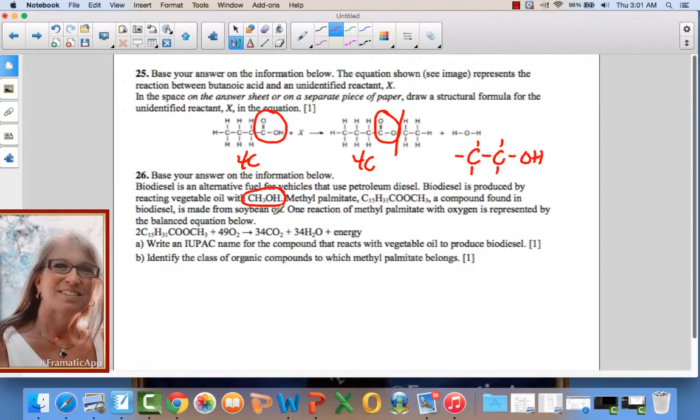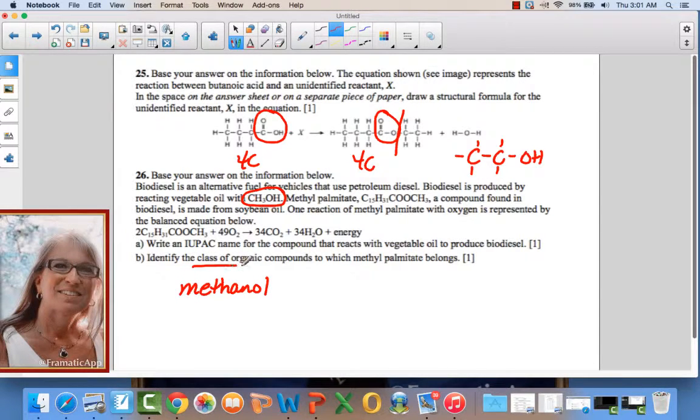So we go to table R. We know that the OH is an alcohol. There's only 1 C, so meth and ol. So you just do the same thing. You remove from the example the prefix that's in table R, and you put your prefix for 1 carbon.